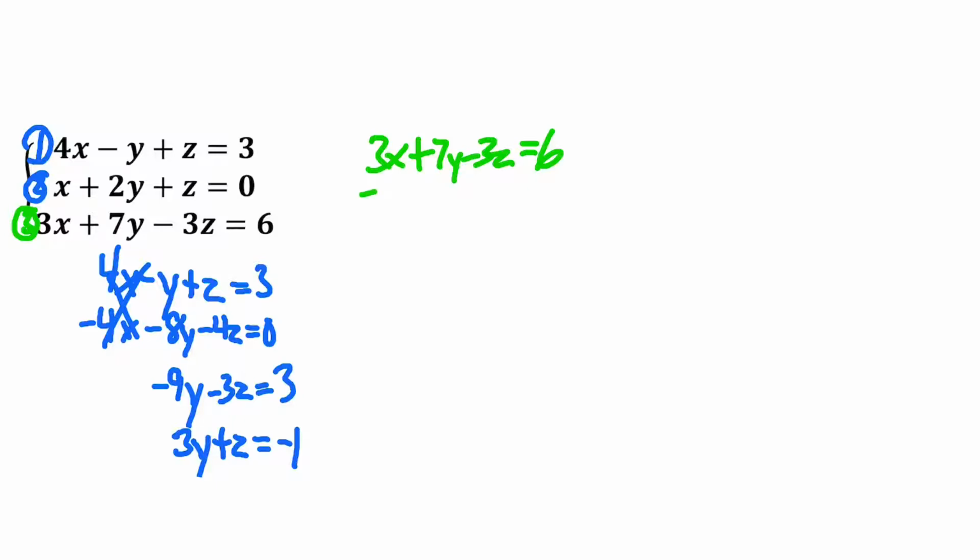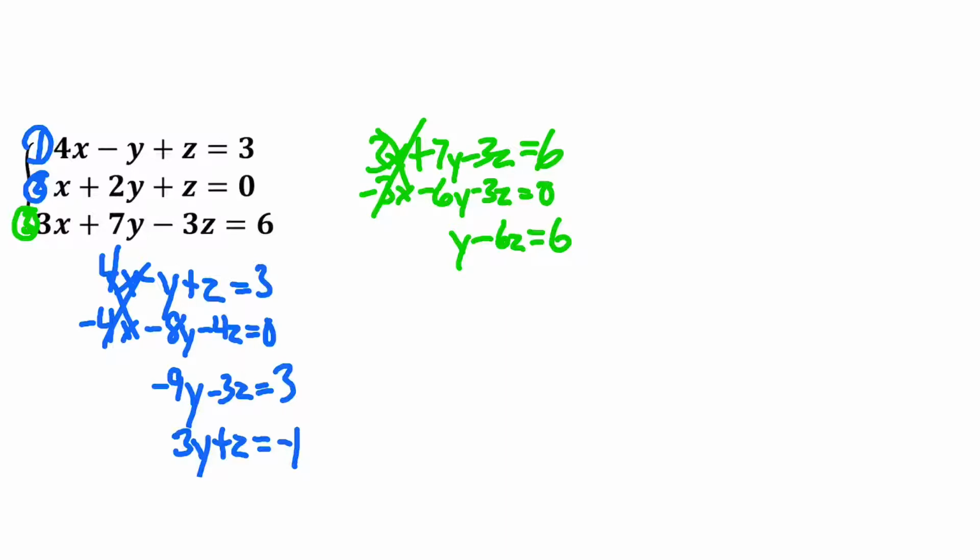So that becomes negative 3x minus 6y minus 3z equals 0. So at that point, these cancel out. This becomes y minus 6z equals 6. So now we have our two equations: 3y plus z equals negative 1, and y minus 6z equals 6.